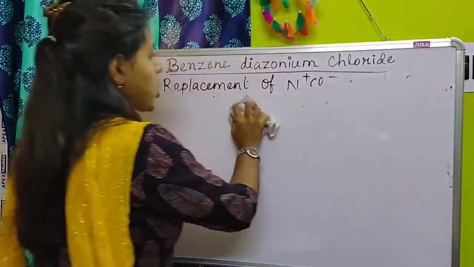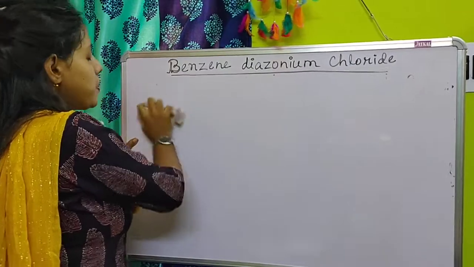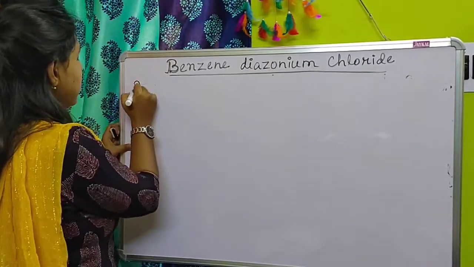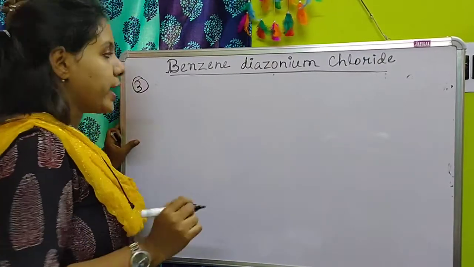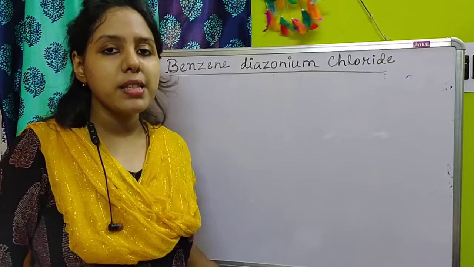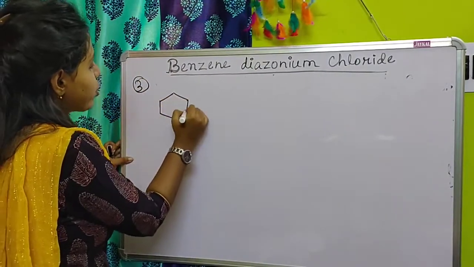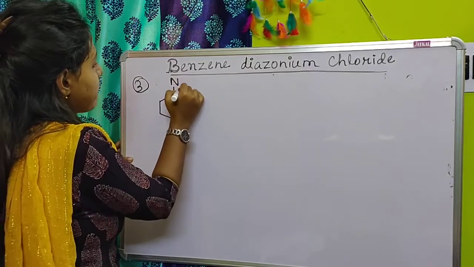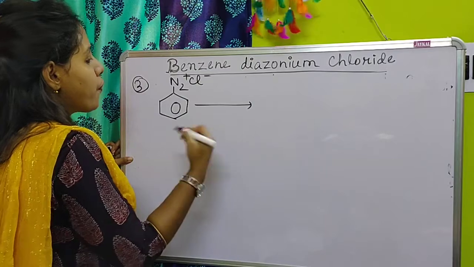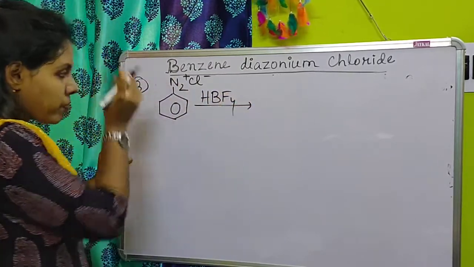Next, what is the process to add iodine and fluorine in place of N2+ Cl-? So next is number 3, addition of fluorine. This reaction is known as Schiemann reaction. So here first again we have to take the benzene diazonium chloride, and then you have to add here fluoroboric acid, that is HBF4.